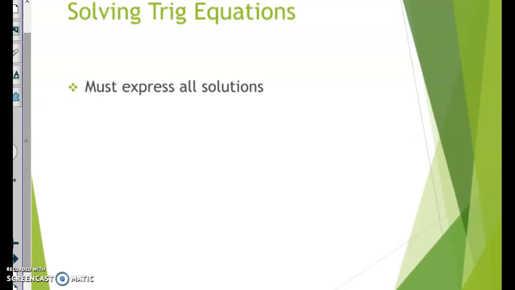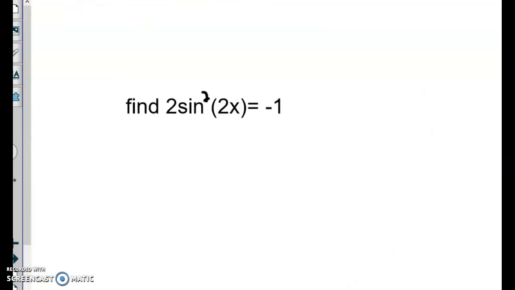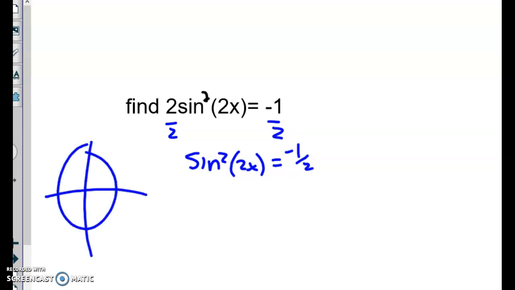So when we're solving trig equations, my example here is 2 sine squared of 2x is equal to -1. If I divide, I get -1/2. And so I'm looking for the angles on my unit circle, because the sine is the y. Oh, if I square root... oh, this isn't going to work at all. Let's make that a +1.